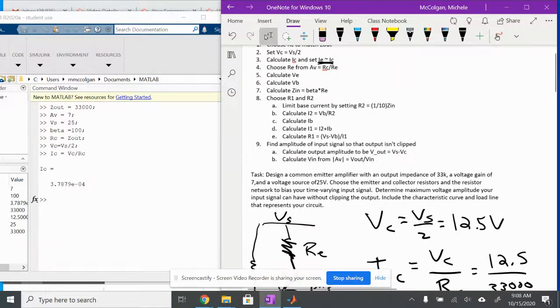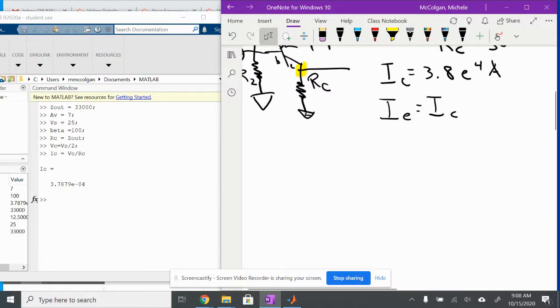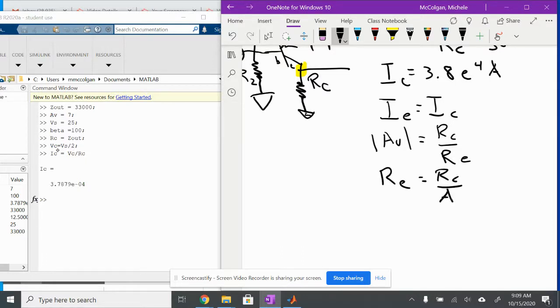And then we're going to calculate RE from our equation. And this is actually AV is equal to a negative RC over RE, but I don't need the negative to calculate the values, so I'm just going to take the magnitude. So I know AV is equal to RC over RE. Rewriting it, I get RE is equal to RC over AV. I know AV is 7, and I know RC is 33K divided by 7.